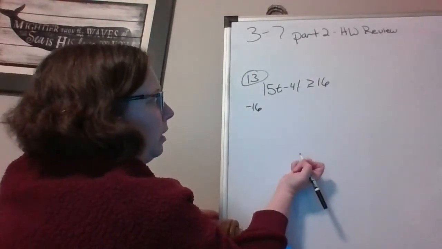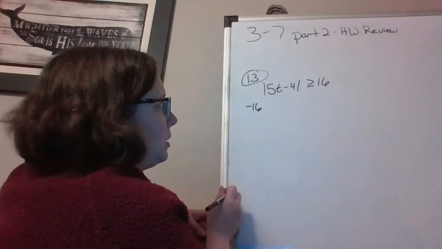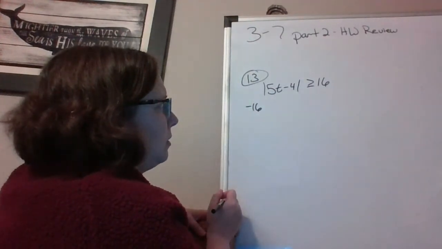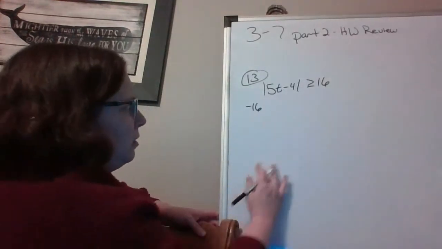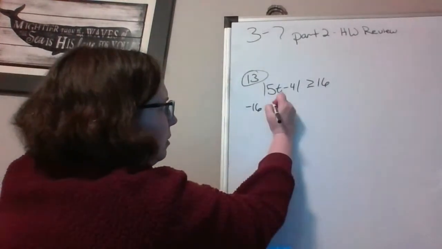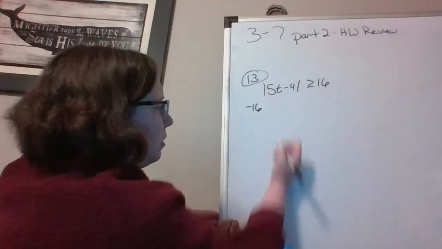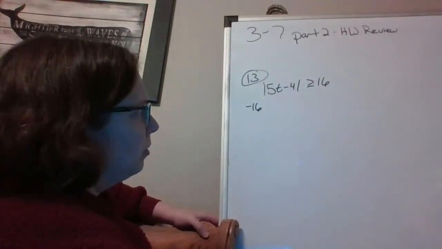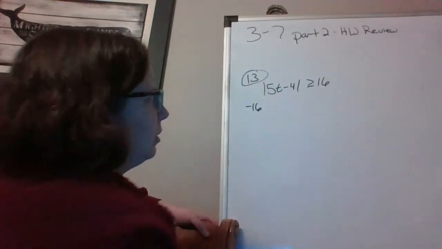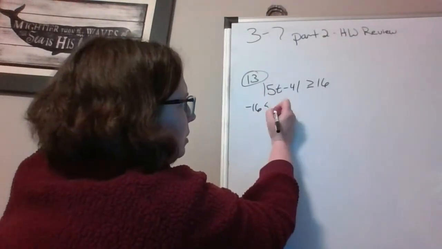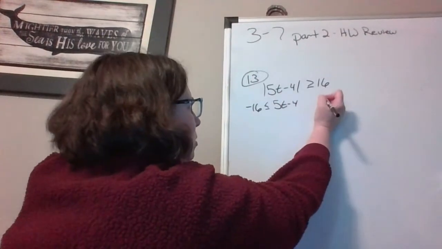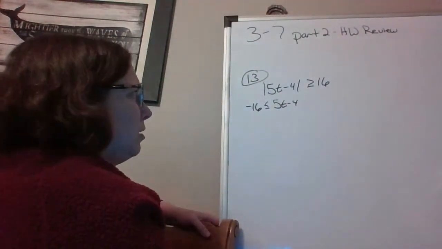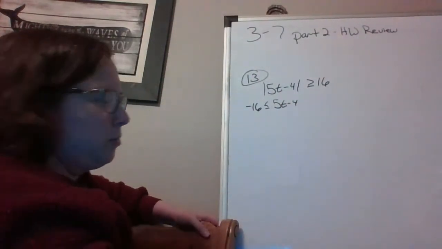We're going to say negative 16 is greater than or equal to 5t minus 4. I'm writing this backwards.